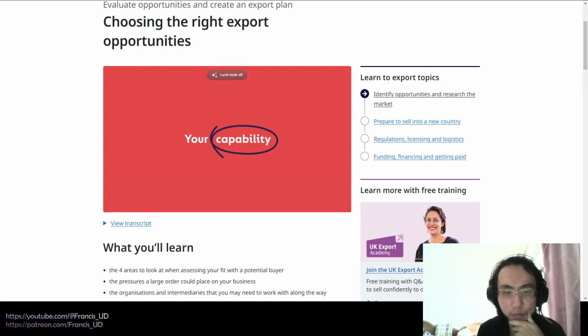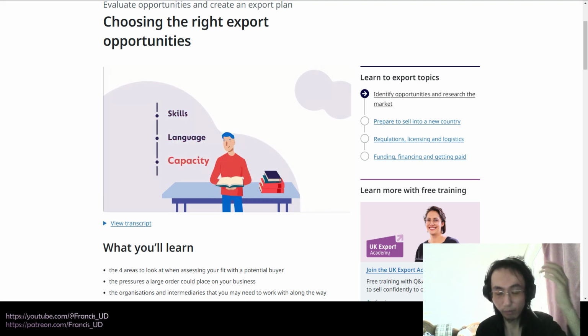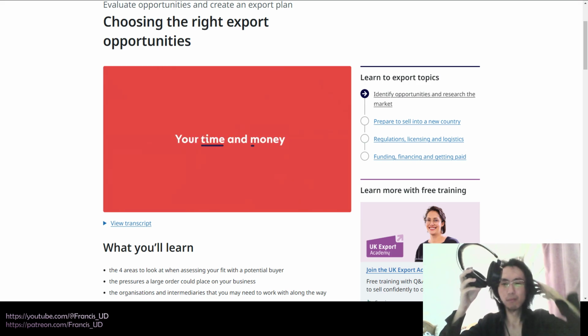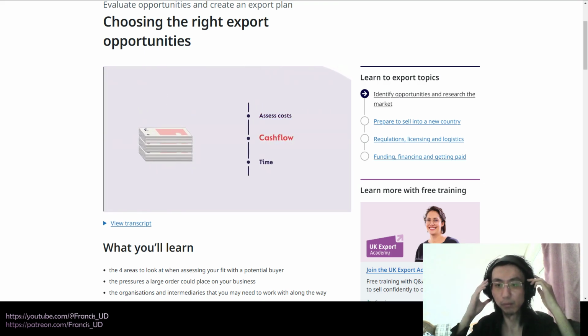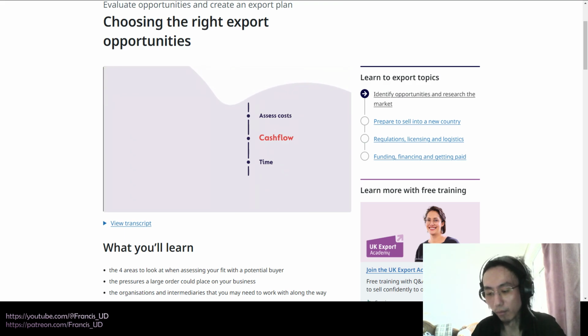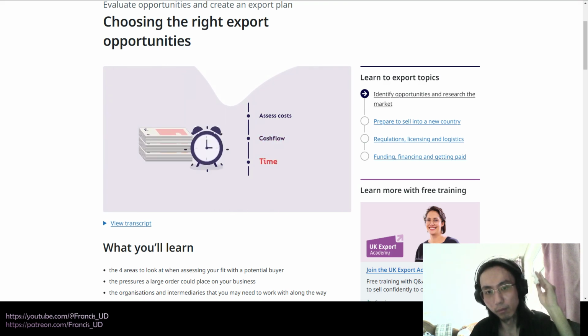Firstly, consider your capability. Do you have the skills, language, and capacity to manage the contract? Secondly, what about your time and money? Assess the costs and think about cash flow, particularly for things like paying distributors and potential increases in production. Find out about documentation for your market in case it takes time to obtain.